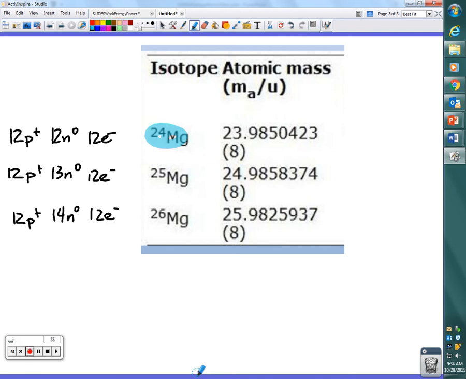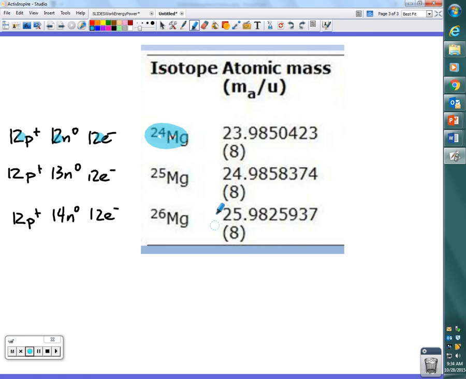Magnesium-24, right? And magnesium-24 has 12 protons, 12 neutrons, and 12 electrons. Compared to carbon-12, we have doubled everything, right? We went from 6 protons, 6 neutrons, 6 electrons to 12 protons, 12 neutrons, 12 electrons, right?